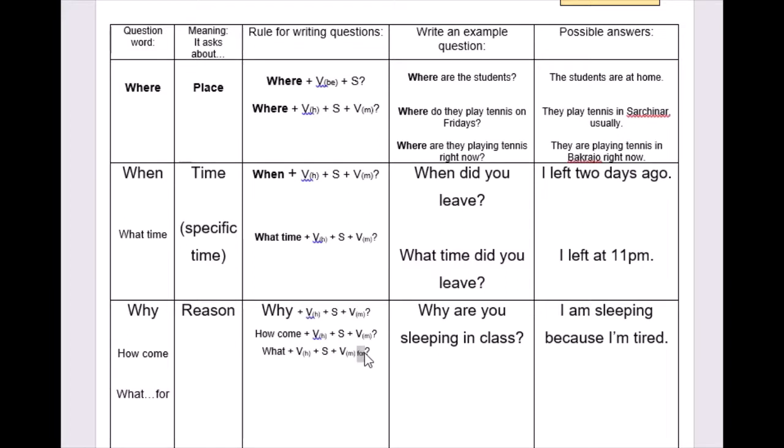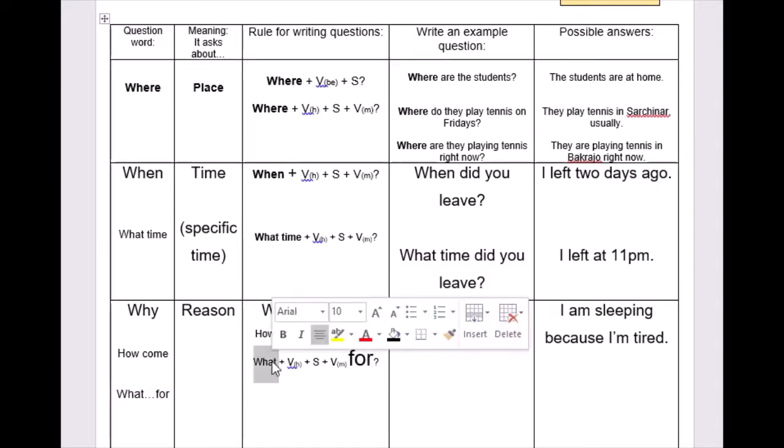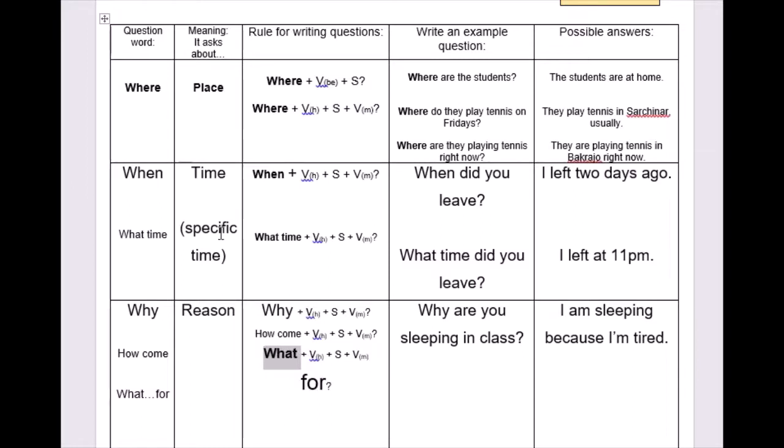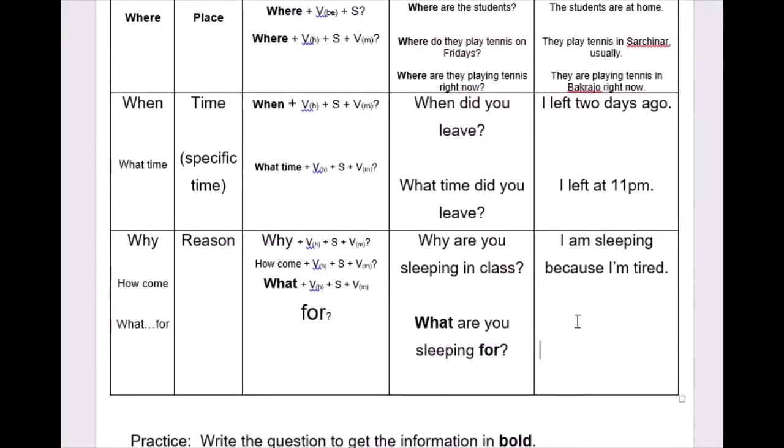Okay, so that is how you build the sentence like that, okay? What are you sleeping for? It means why are you sleeping, okay? I am sleeping because da da da da, okay?